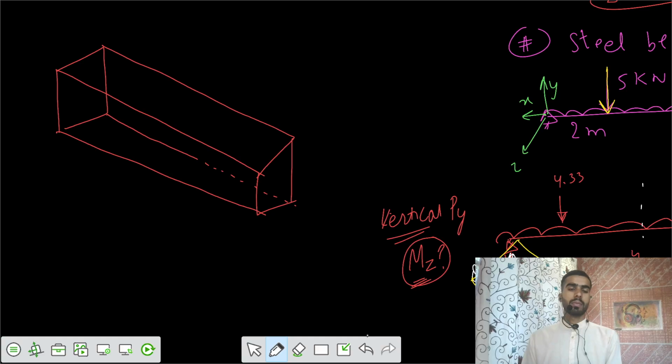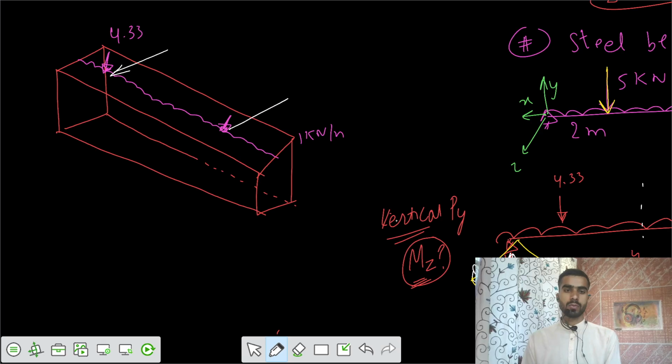Initially the loading was this UDL of 1 kilonewton per meter, and a vertical load was acting in this way, the vertical load of 4.33. Now there are also horizontal loads. This is one horizontal load, and this is one more horizontal load, of 2.5 kilonewton.